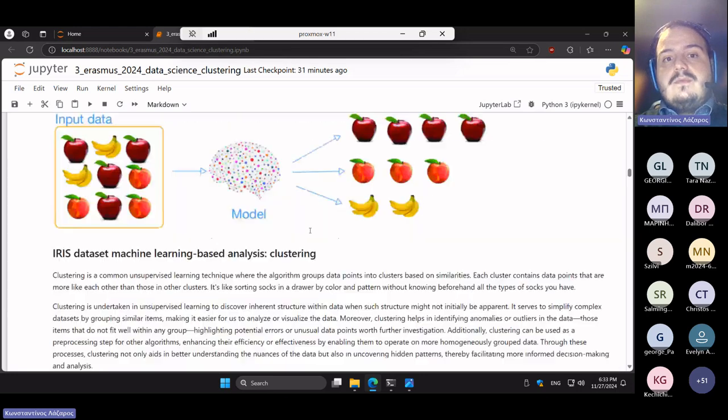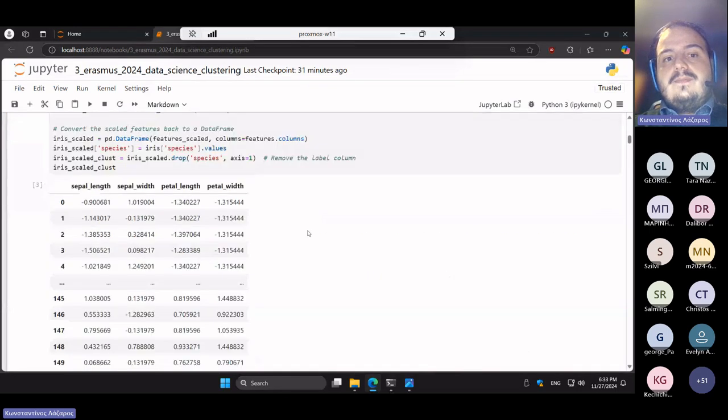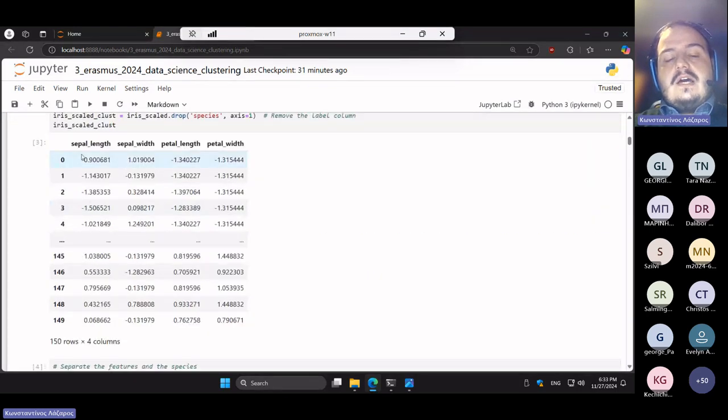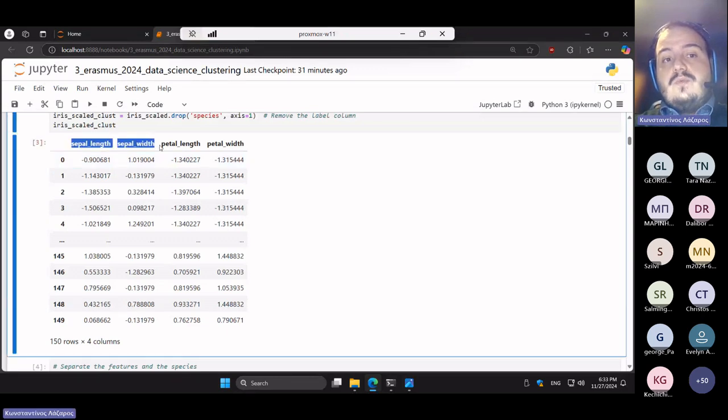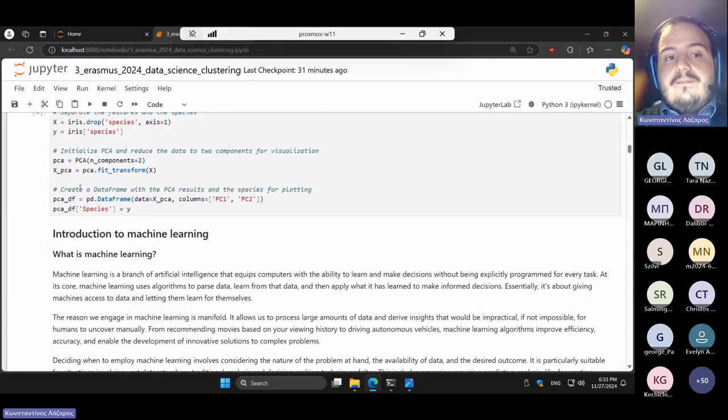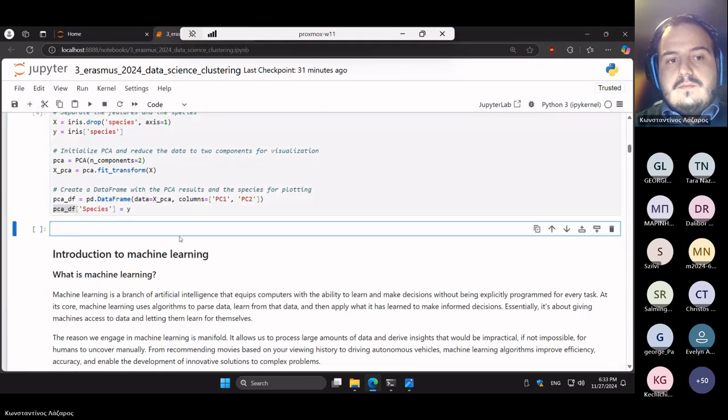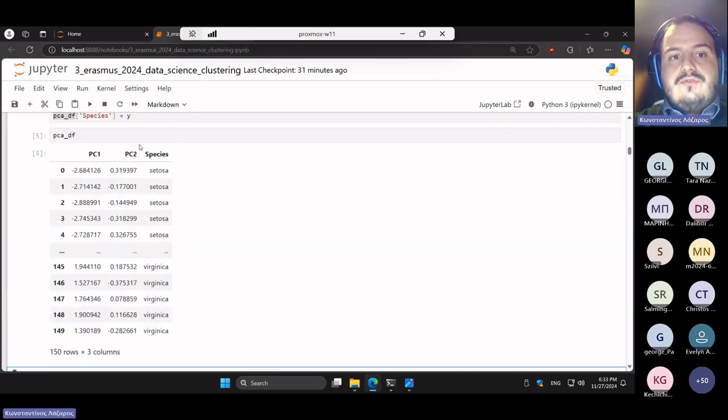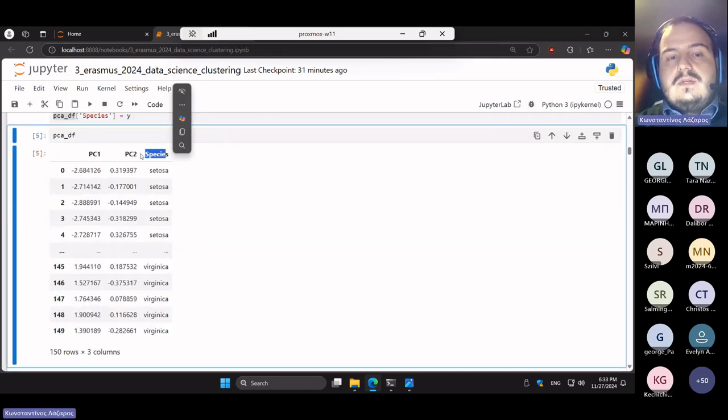For example, let's make things a bit simpler. Let's say that out of the Iris dataset, I only have these 2 features right there. Or let's make it even simpler. Let's go to PCA. Okay, so forget the species for a bit. Let's ignore that, right? So I've got these 2 principal components.